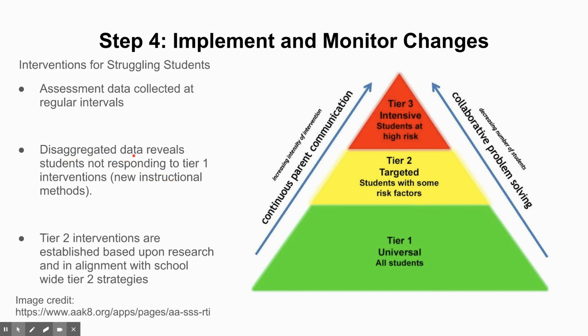If that disaggregated data reveals that some students are not responding to our tier 1 interventions, which again in our example, Bloom spiraling and project-based learning, tier 2 interventions are established based upon research in alignment with our wider tier 2 strategies as a school. Tier 2 and tier 3 strategies are obviously gone over together as a school at the beginning of the school year, largely in conjunction with our school's intervention specialists.